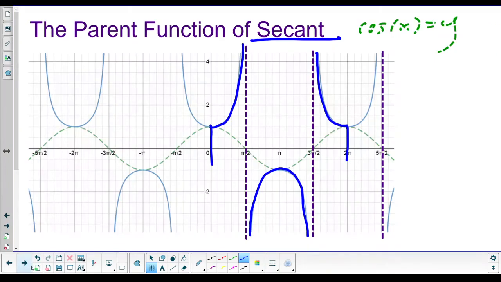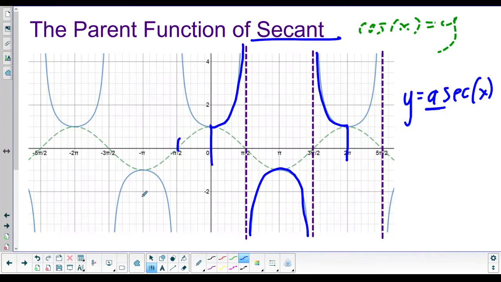Horizontal shifts and all that stuff still work the same way. Vertical shifts still work the same way. Reflections still work the same way. The only difference is if you change your quote-unquote amplitude, or the value of A. So if we have y equals A secant of x, this A value will just move your cosine so it's taller.